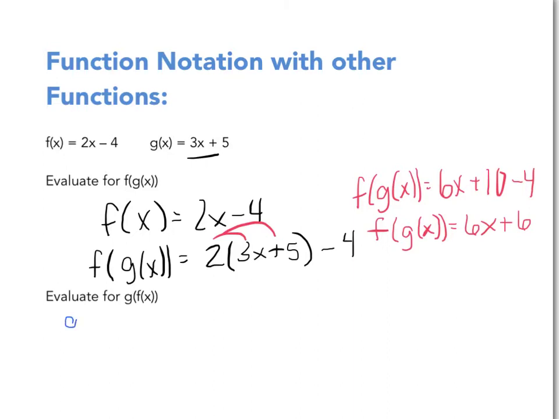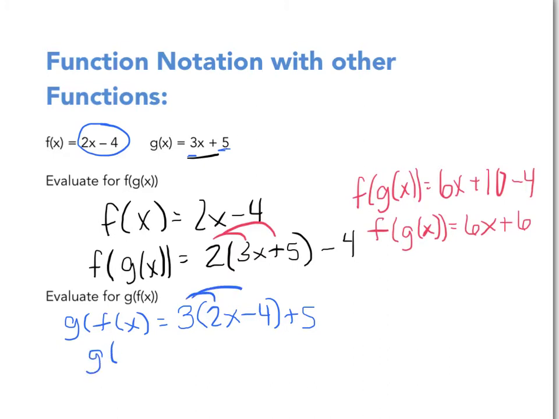So we have g of f of x is equal to 3, because now I'm going to start with g of x, and now I'm going to replace the x with f of x. So 2x minus 4 plus 5, because I still have the plus 5 in this function up here. And I'm going to distribute, and I get g of f of x equals 6x minus 12 plus 5.